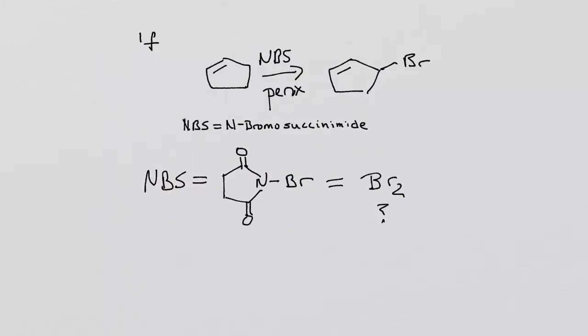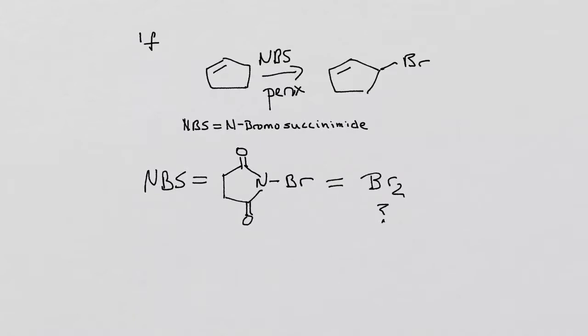Well, one of the reasons is that Br2 is this dark brown, fuming liquid that's really toxic and really hard to work with, whereas NBS is a nice yellow solid that's easy to weigh out and to manipulate and to add to your reaction.